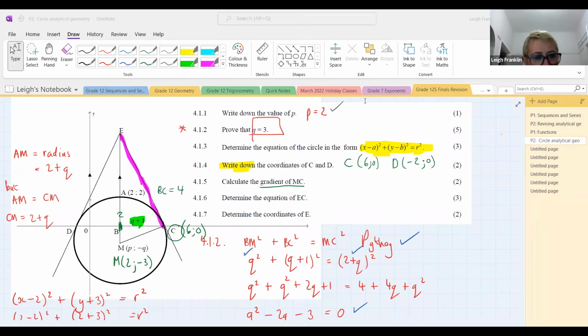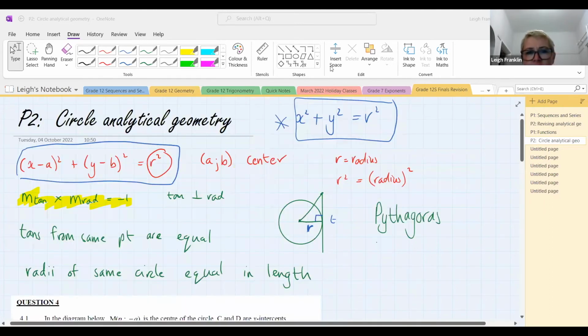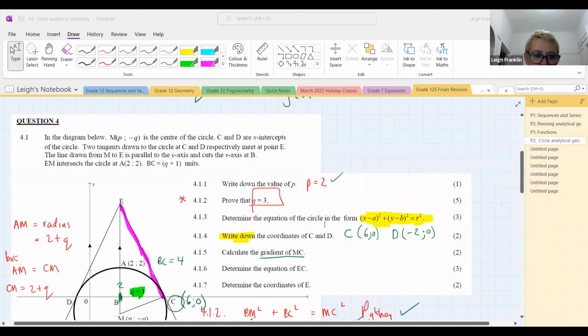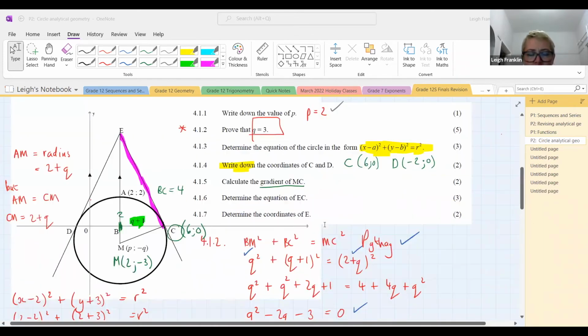Okay, so the equation of EC. Remember, MC is a radius, EC is a tangent. Hint, hint, hint. MC is a radius, EC is a tangent. Exactly, can you see that EC is perpendicular to MC? EC is perpendicular to MC.